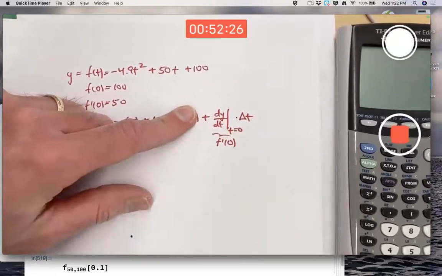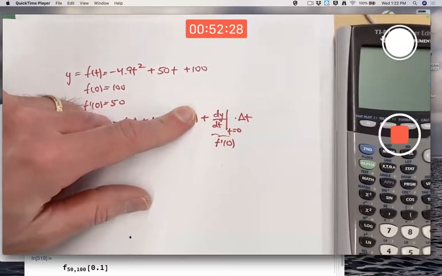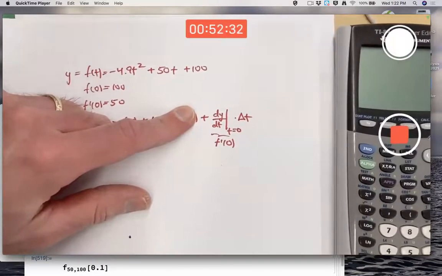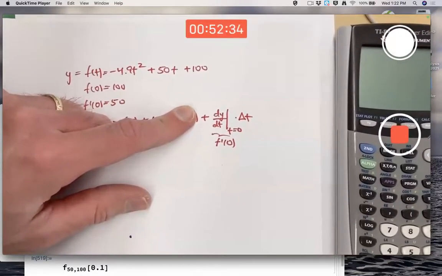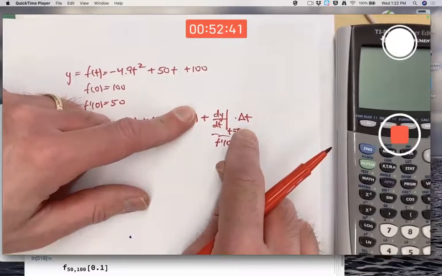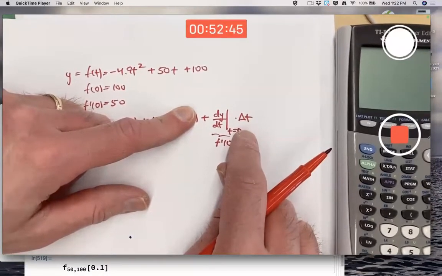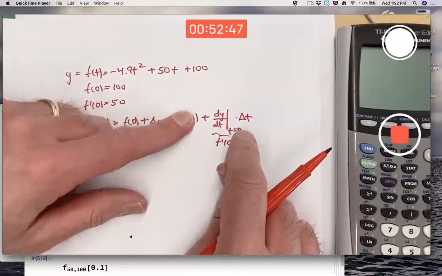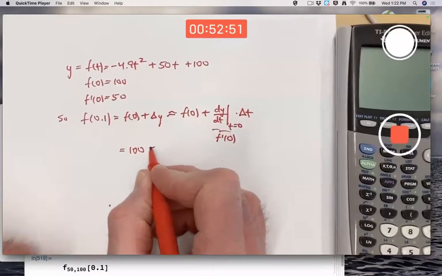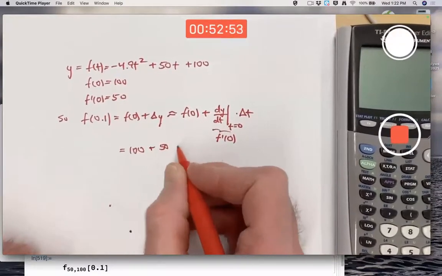That formula only works exactly right when your rate, your speed, your velocity is constant. It's not really constant here, it's changing. But over small time intervals, if delta t is small, like 0.1, it will be approximately constant. So this should be a good approximation. And what do we get? F of 0 is 100. F prime of 0 is 50.